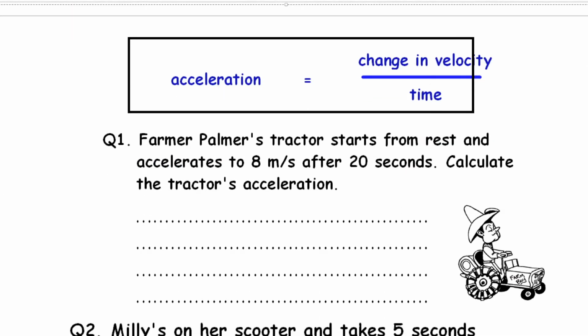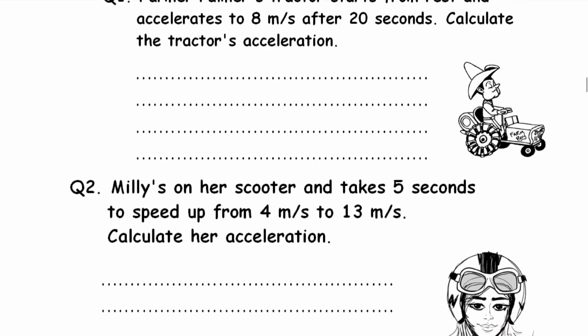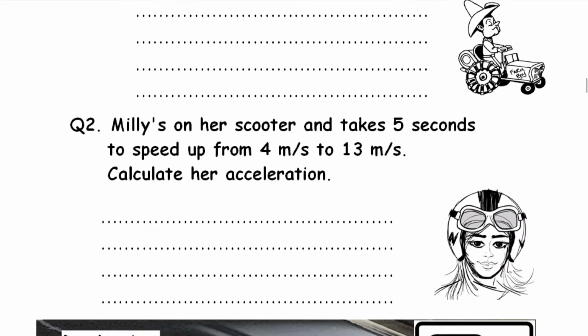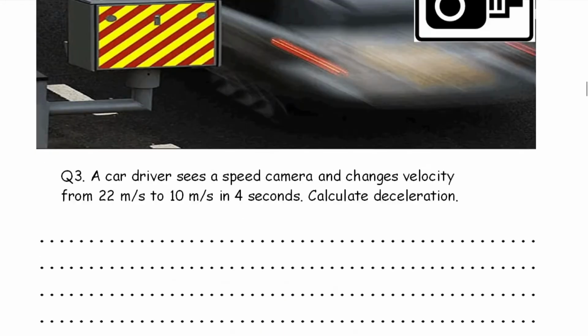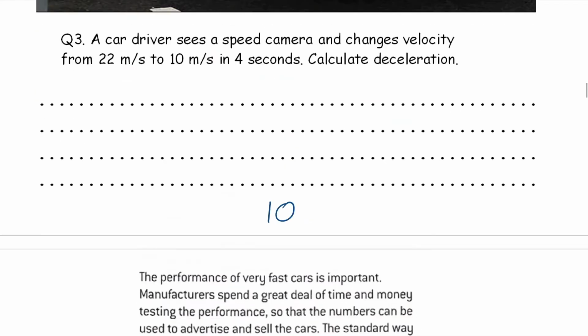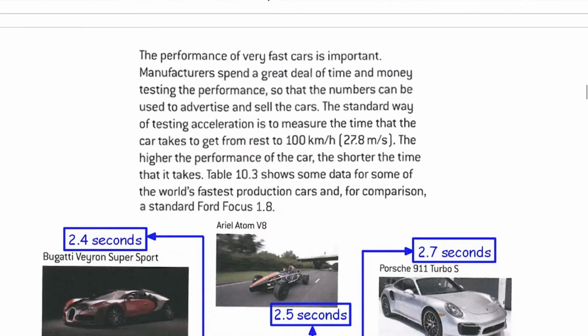And you notice here, look, we're using the term velocity. If you can't remember the difference between the two, just go back to lesson 1 for a recap. But don't worry too much about the difference for now. Question 1. Again, what I'm going to do, I'm going to answer question 1, scaffold slightly question 2, and let you answer question 3.